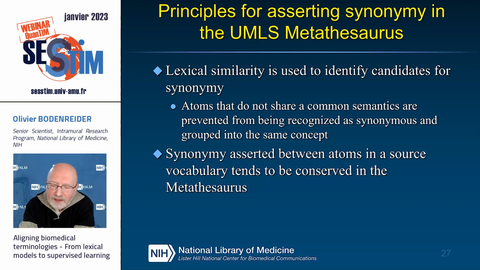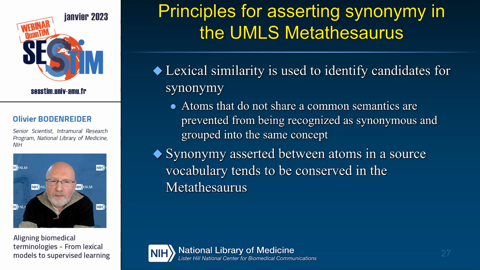For example, if we take nail, the body part, and nail, which is a pin that you can put in a bone that's fractured to repair it. We know that these two things are different because maybe one comes from an anatomy terminology, the other one comes from a medical device terminology. And in this case, we're not going to force them into the same concept.